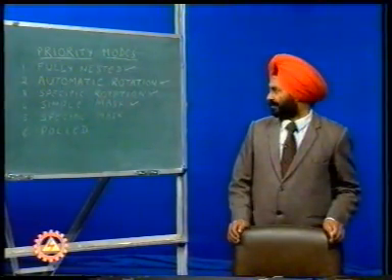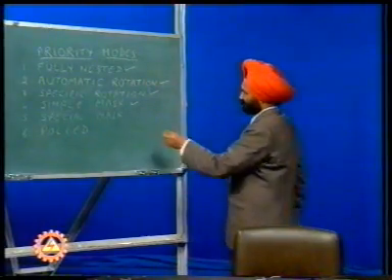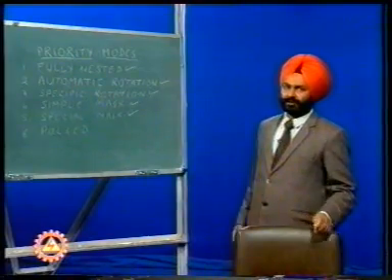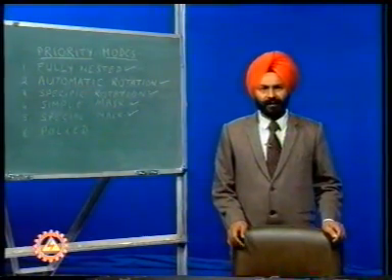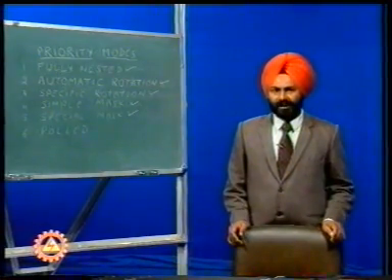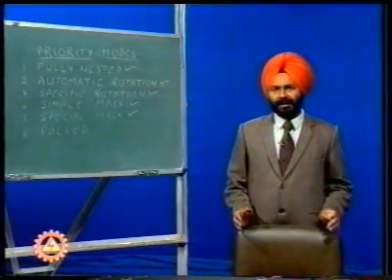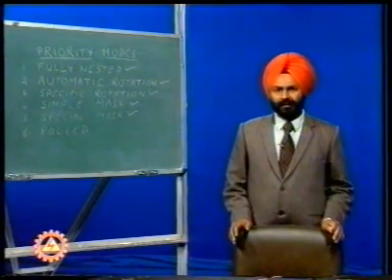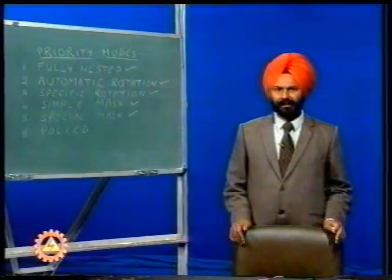A variation of this is the special mask mode. In this case, even during the execution of an interrupt service routine, any of the interrupts can be masked. Once this interrupt is masked, all other unmasked interrupts become active and they can be serviced after this.